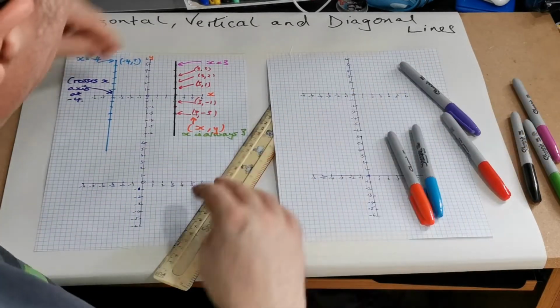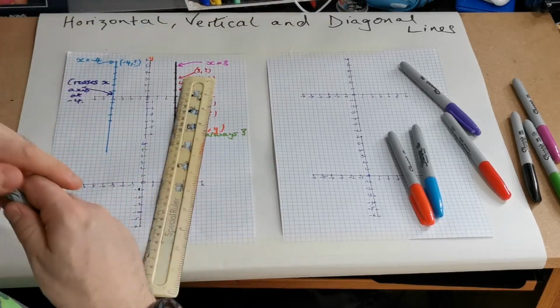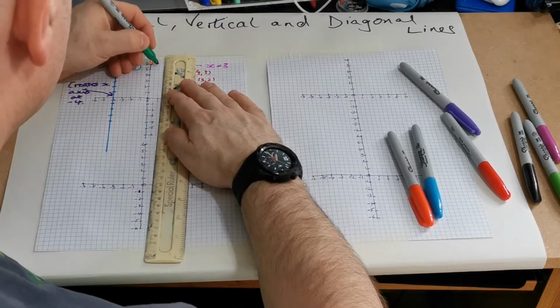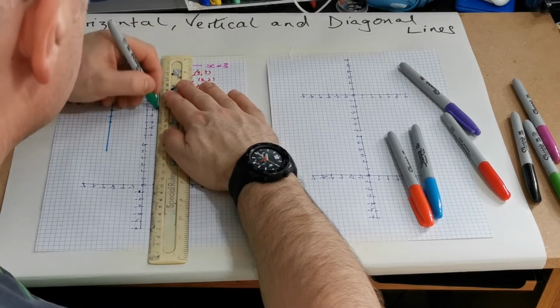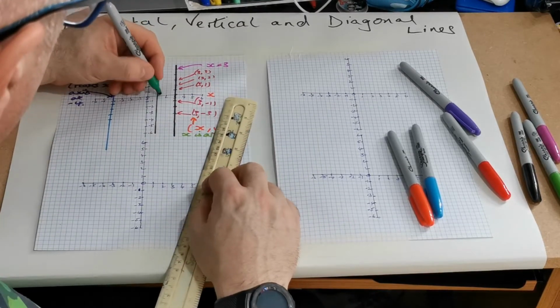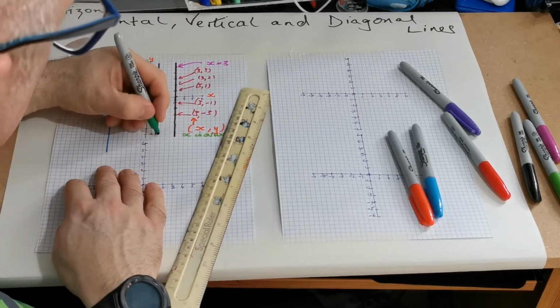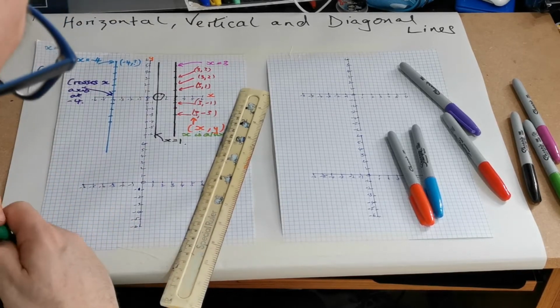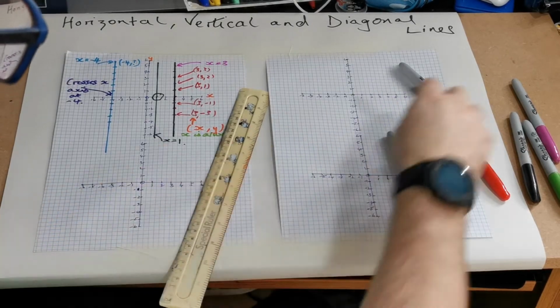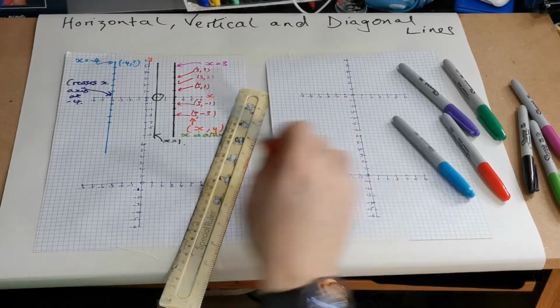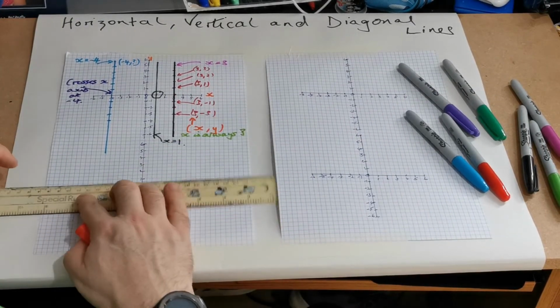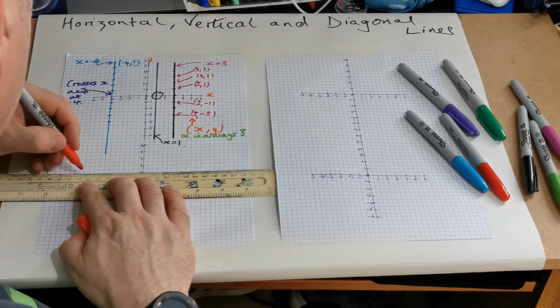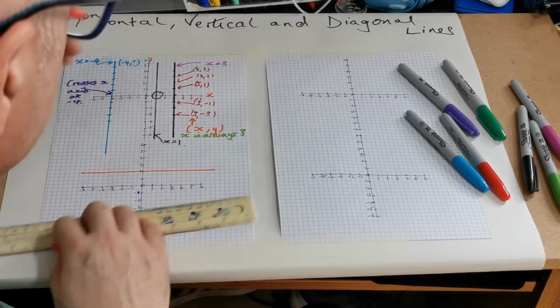So if I was to just do one more, let's put a line just here somewhere, you can see that it crosses the x-axis at 1, so this line is called x equals 1. Okay, nice and easy. So you would expect that we would have a similar thing going on for horizontal lines.